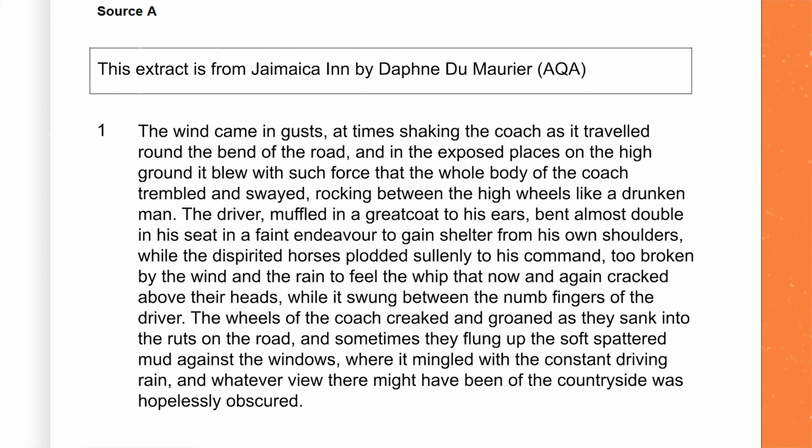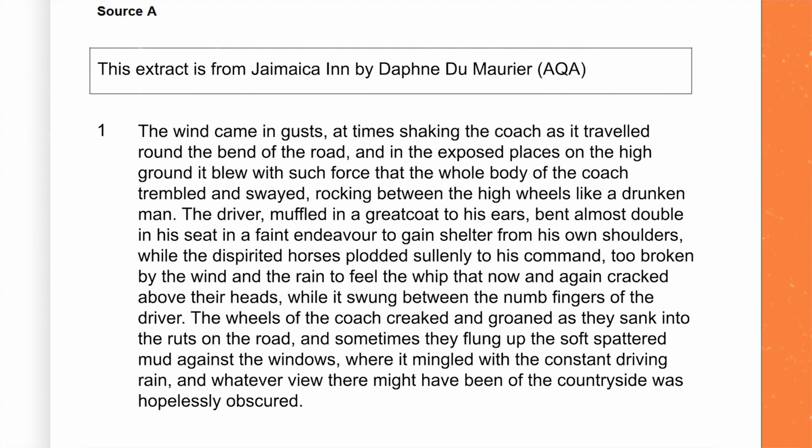The driver, muffled in a grey coat to his ears, bent almost double in his seat in a faint endeavour to gain shelter from his own shoulders, while the dispirited horses plodded suddenly to his command, too broken by the wind and rain to feel the whip that now and again cracked above their heads, while it swung between the numb fingers of the driver. The wheels of the coach creaked and groaned as they sank into the ruts on the road, and sometimes they flung up the soft splattered mud against the windows, where it mingled with the constant driving rain, and whatever view there might have been of the countryside was hopelessly obscured.